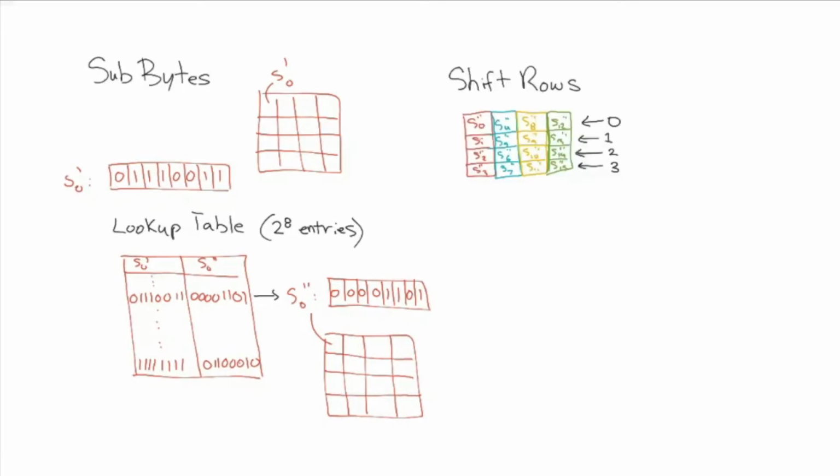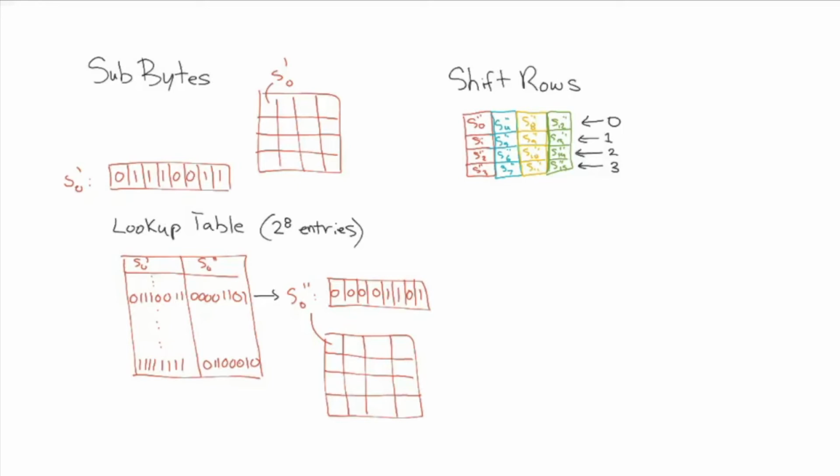Okay, so the next operation we're going to talk about is ShiftRows. So here we have the 4x4 matrix that came out of SubBytes, and I've color-coded all of the columns so that it's easier to see what's going on later when we start shifting the rows. So the first column, which is S0 double prime to S3 double prime, is red.